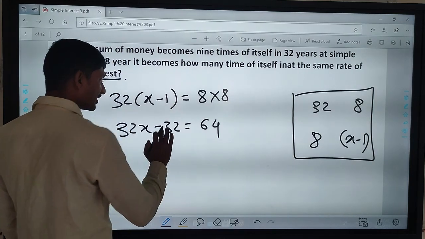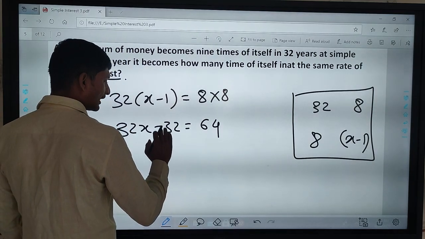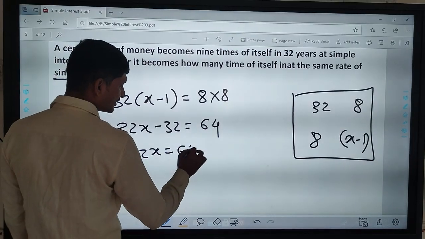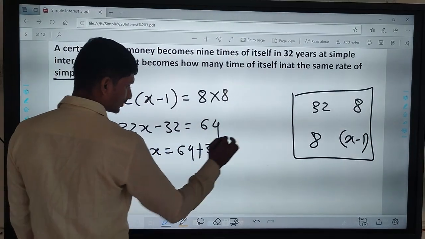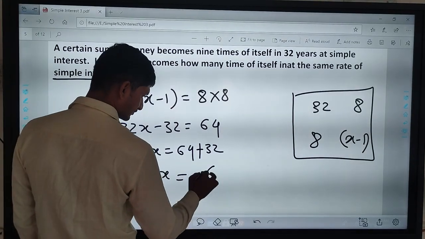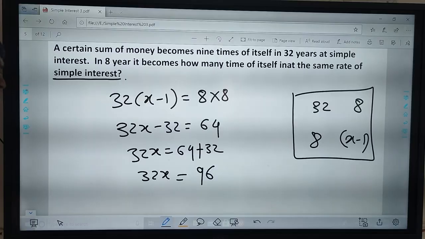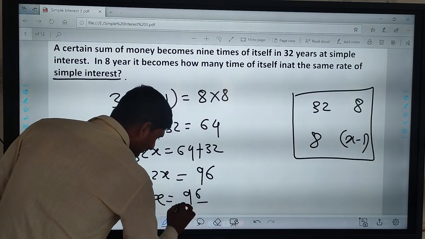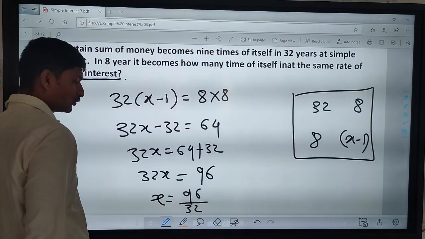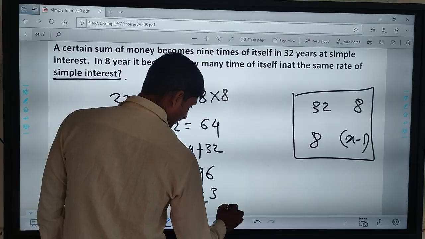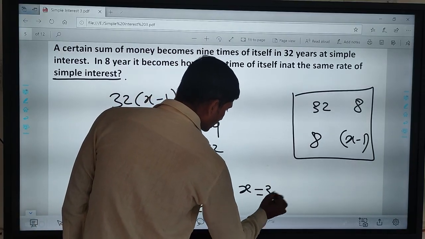Here 32 is minus, so it comes as plus. 64 plus 32, now 32x is equal to 96. Now find the value of x. x is equal to 96 divided by 32, so the value of x is equal to 3.